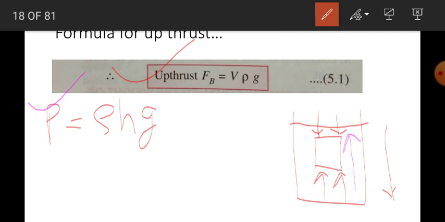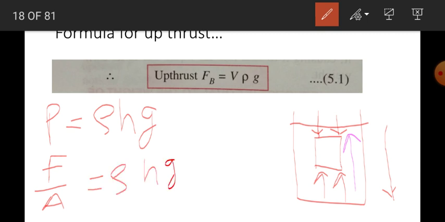So what is the formula for pressure? Pressure is nothing but force per unit area, right? So force per unit area, that's it, rho hg. Now let me bring A on this side.